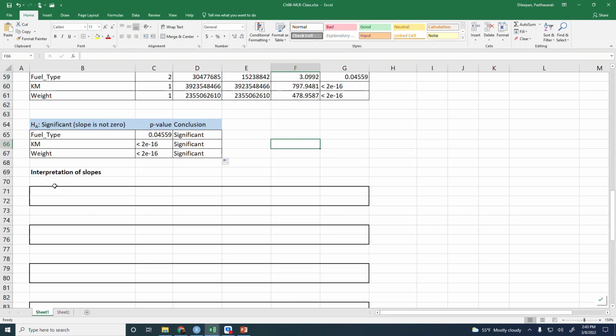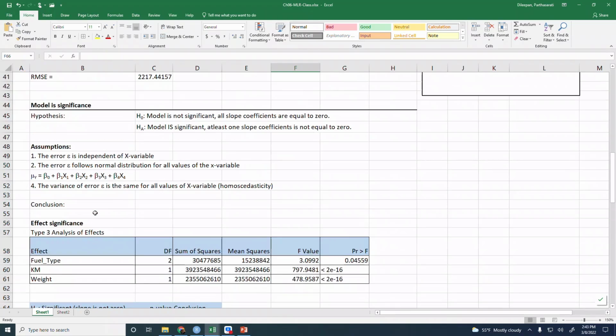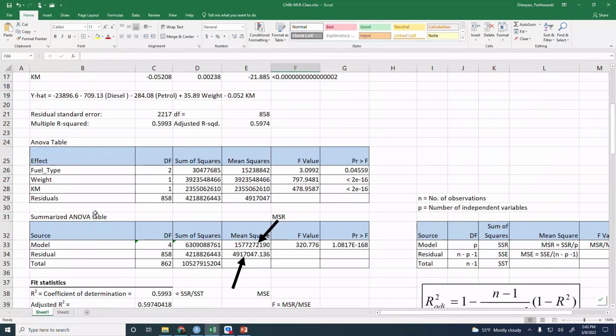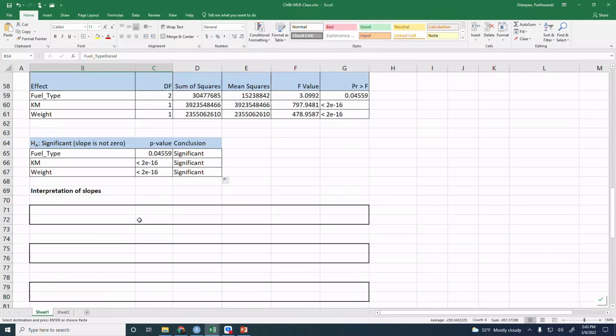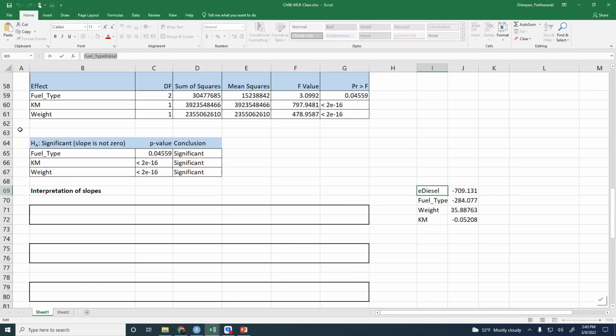Now, interpreting slopes. So here we have to go back to this. How do you interpret the slopes? I'm going to copy paste the slopes here so we can see. So for fuel type, we have 2 of them, right?